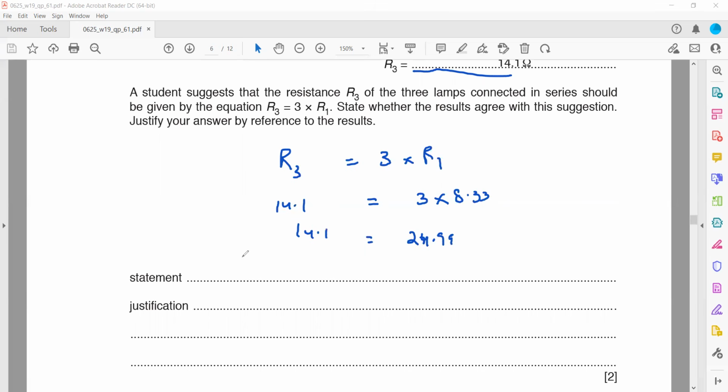Is the statement correct? Does the student's statement match the result or not? The student's statement does not match the result.